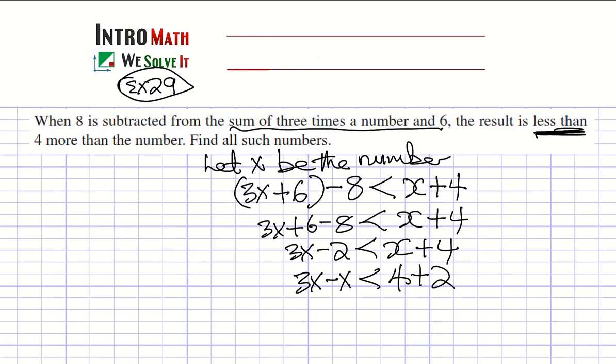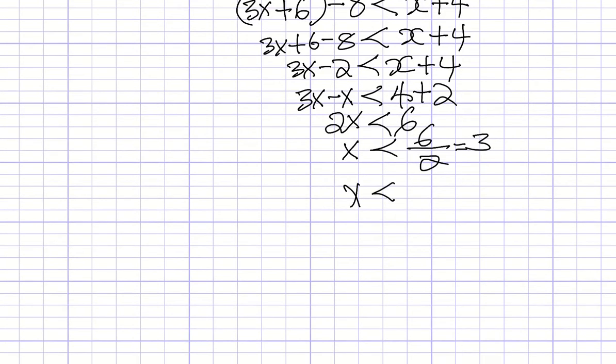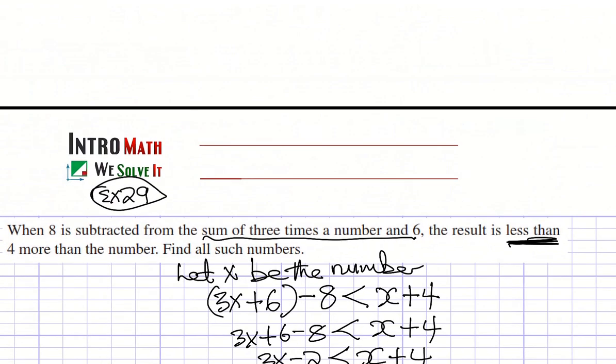Simplify, you get 2x less than 6, x less than 6 over 2, which is 3. So basically x is less than 3. That's all they want. So all numbers less than 3 will fit the bill right there.